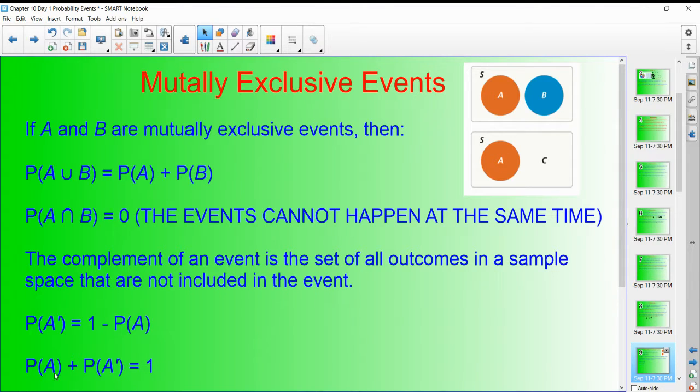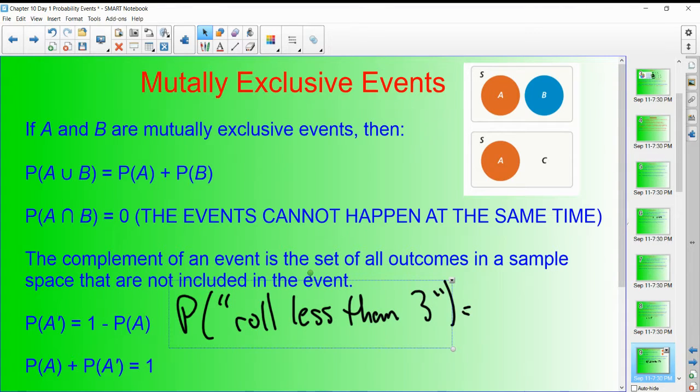And complement means that the two events make up the whole space. It is either the event happens or it doesn't. So for example, okay, if the probability of roll less than 3 equals a 1 or 2, so it's 2 out of 6 or 1 out of 3, the complement is roll 3 or higher.